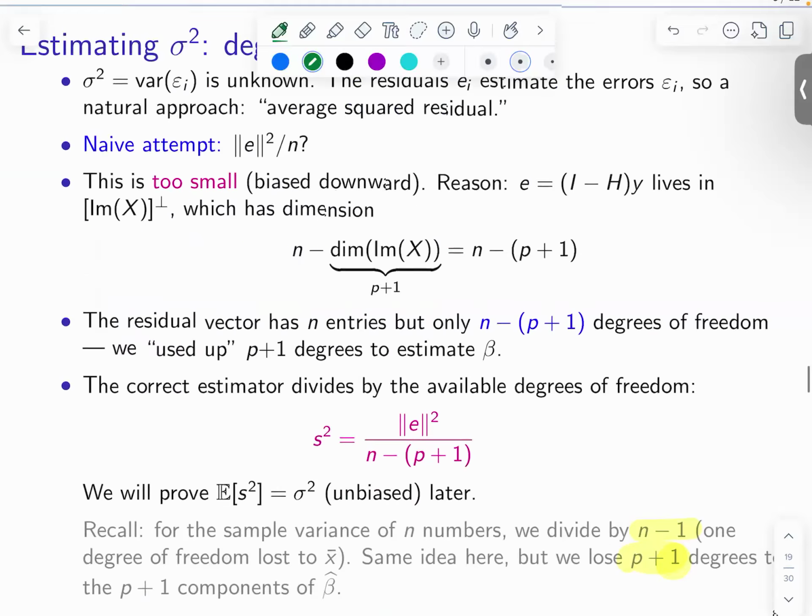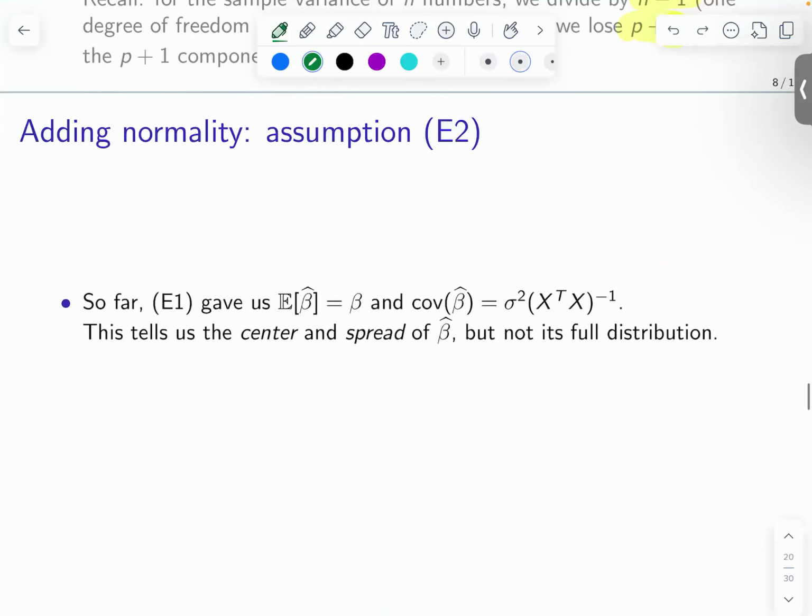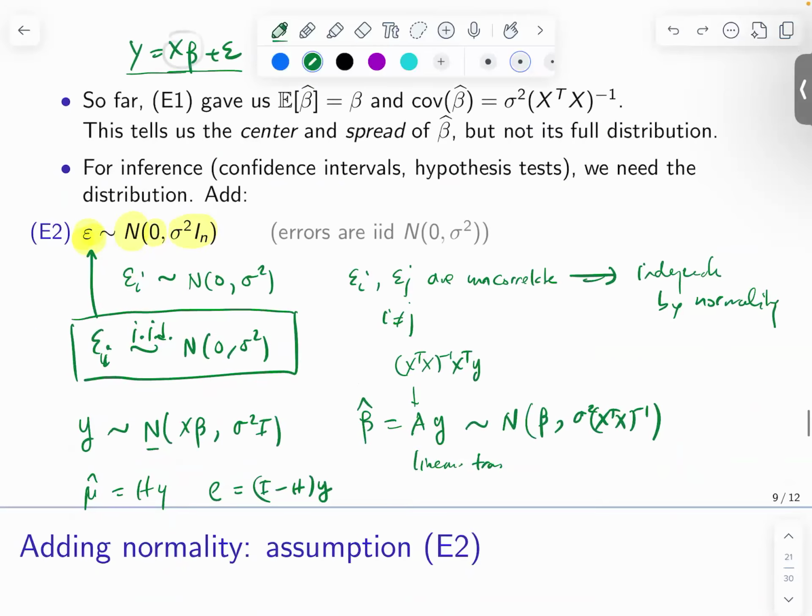This is not a linear or affine transformation. It's a nonlinear transformation. So the distribution of this is not going to be normal. But we can figure that out as well. It's a transformation of a normal anyway. But almost all the other quantities that we have seen are going to be normally distributed because they're affine transformations of the observation vector, which is also normal.